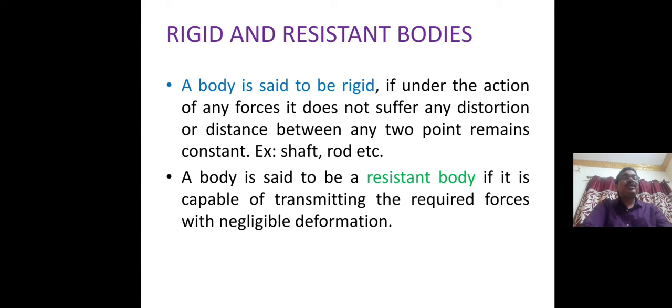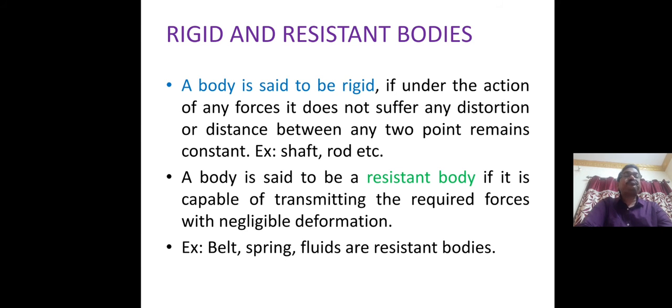Then it is called a resistant body. Examples are belt, spring and fluids. Slight deformation takes place during the transmission of forces, and that is called a resistant body.